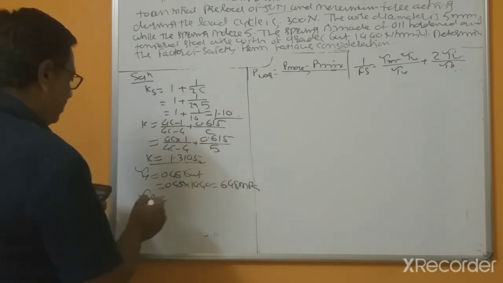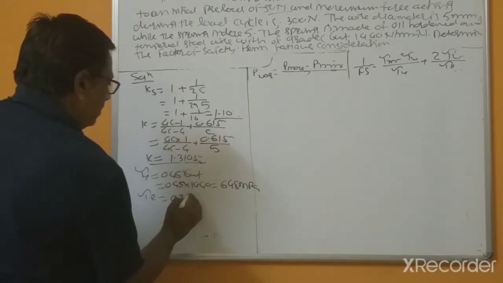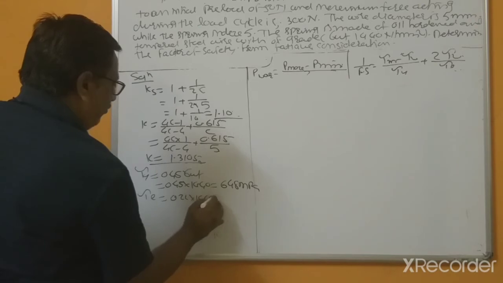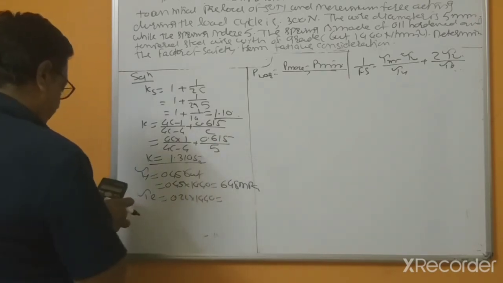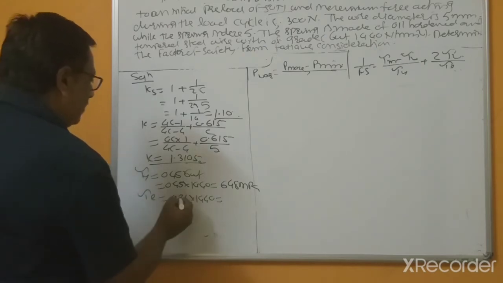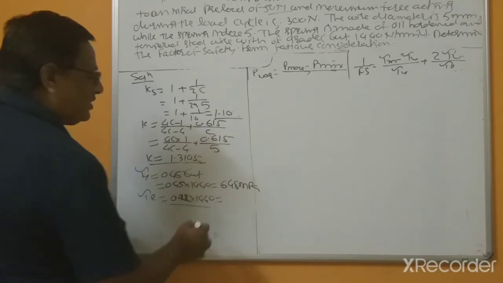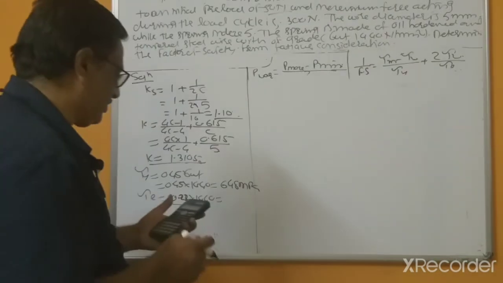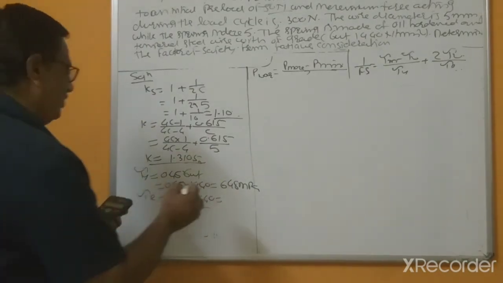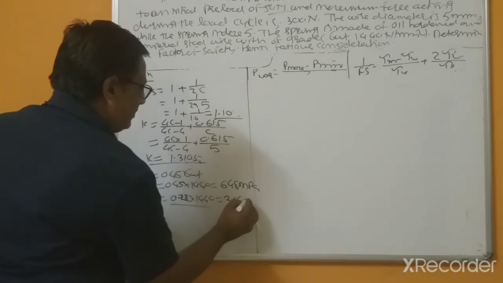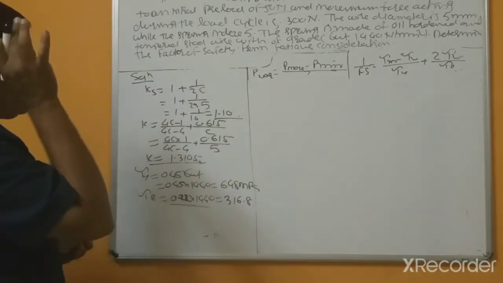The endurance strength is 0.22 multiplied by 1440, by using standard empirical relations. This is 316.8. This is clear.